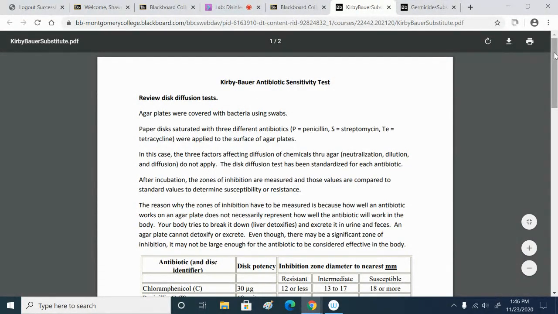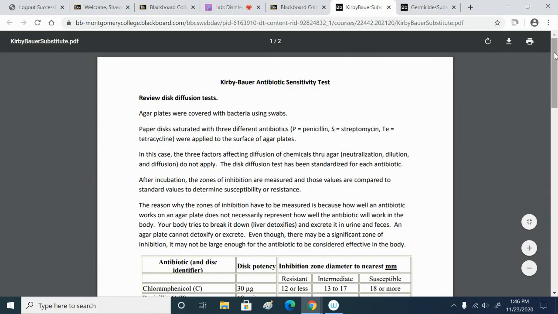What we do have to worry about is the fact that agar plates are not like your body, right? So when you take an antibiotic, the antibiotic has to diffuse all throughout your body, right, to reach the bacteria wherever they may be. But your body does not like it when you put chemicals into your body.